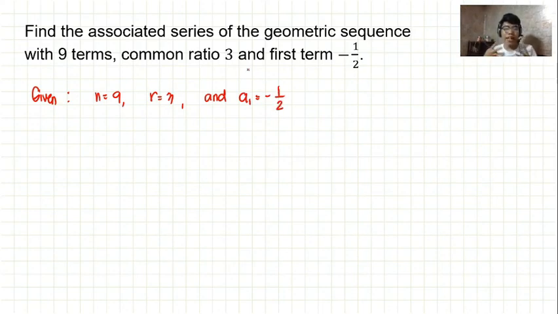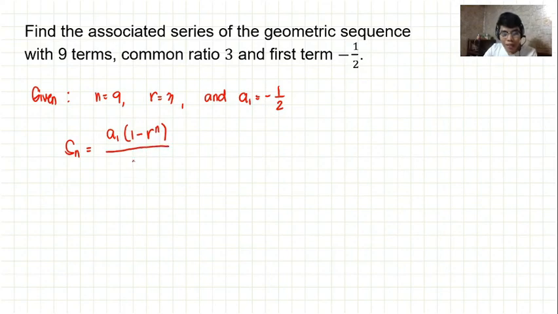Since we are to find the associated series and it is finite, we will use the formula S sub n equal to, since the common ratio is 3, which is not equal to 1, a sub 1 times 1 minus r to the n all over 1 minus r. I think this is the formula, if I'm not mistaken. Right?